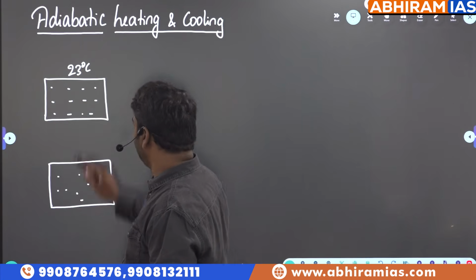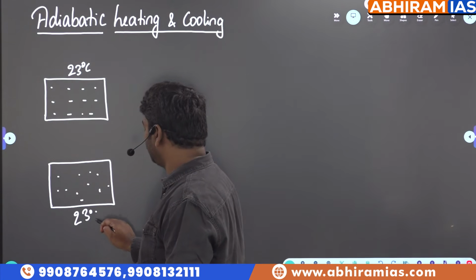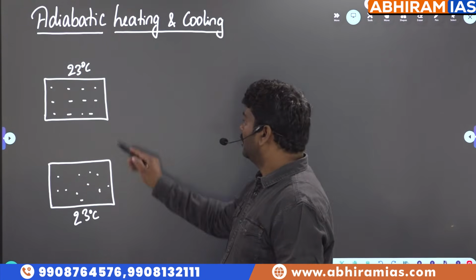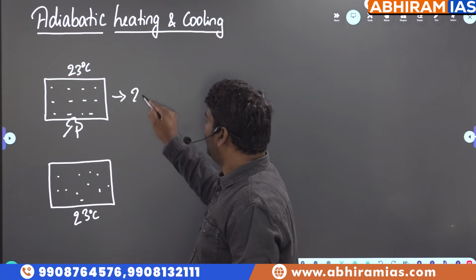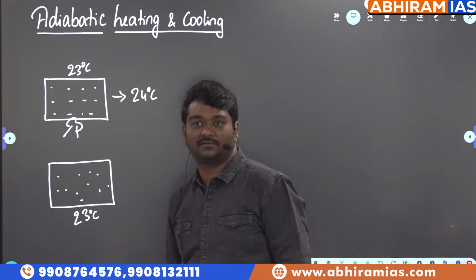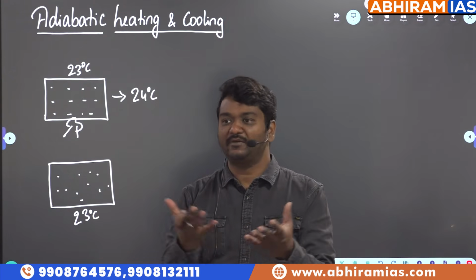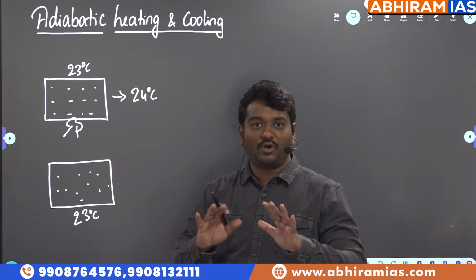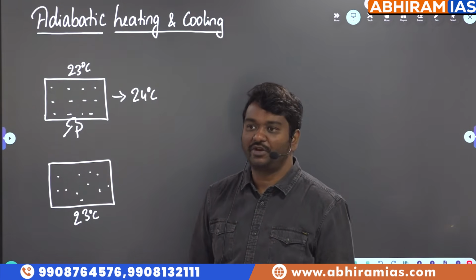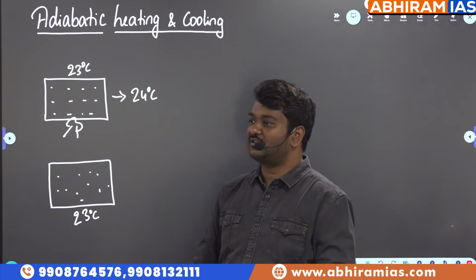This is at 23 degrees. This is also at 23 degrees. Now, if I heat it from outside, it will become 24 degrees Celsius. Simple. I'm heating, it becomes hot. Now, in this case, I don't want to heat, but I want to increase the temperature. What should I do? Should I compress or should I expand?